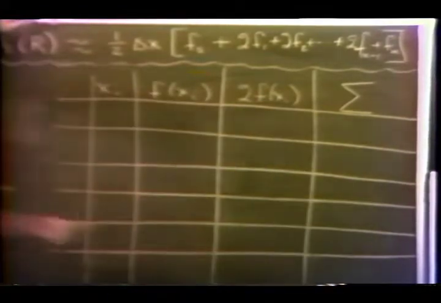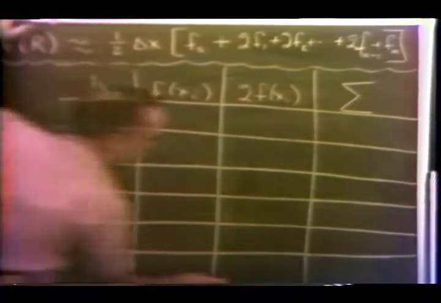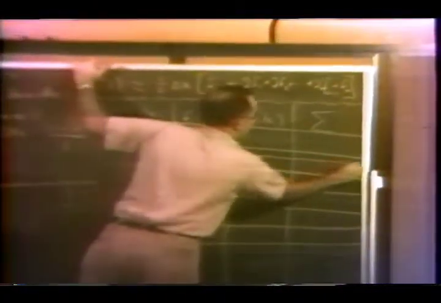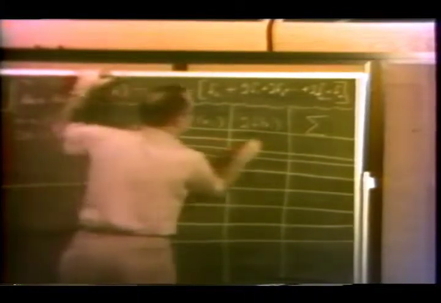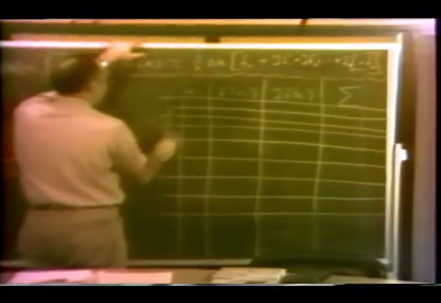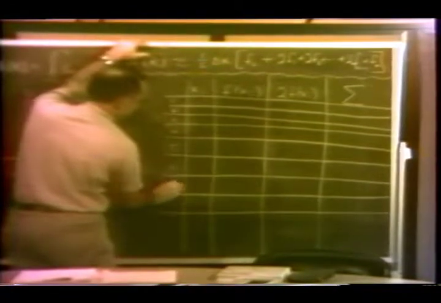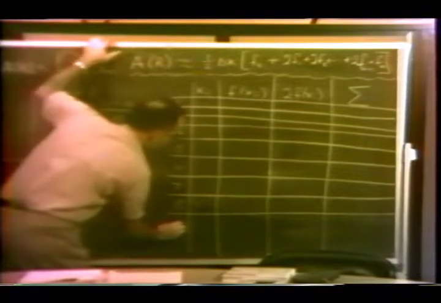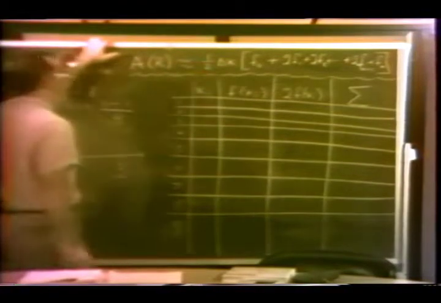So let's clear down the bottom. Oh, there we go. And I'm going to actually have 9 values.